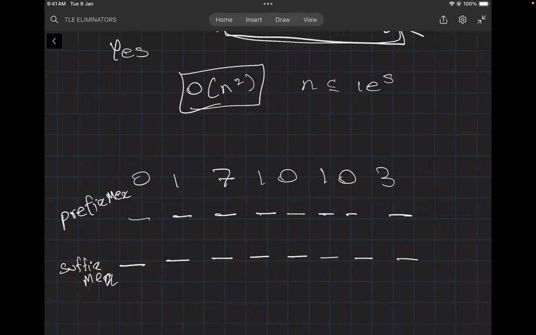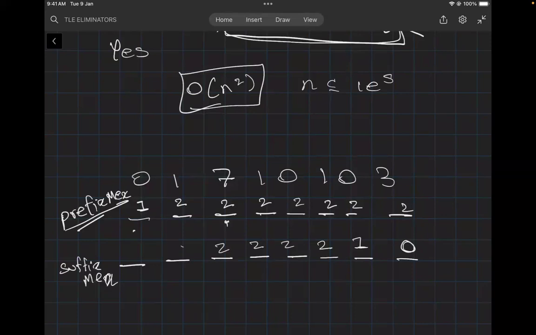What does prefix max store? It stores what is the max from an index to the start, right? So for this, the max here is 1, the max here is 2, the max here is 2, and it remains 2. Right here, the max is 0, the max is 1, the max is 2, and it remains 2.